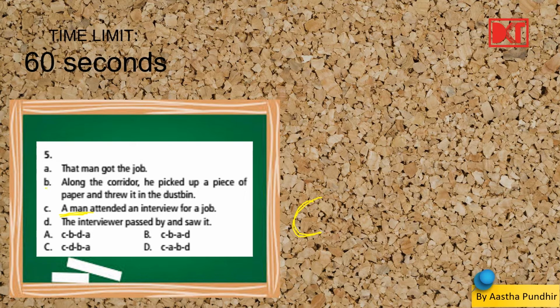What happened? Along the corridor, he picked up a piece of paper and threw it in the dustbin. And what happened to that? D. The interviewer passed by and saw it. Eventually, the climax, that man got the job. C, B, D, A. Correct answer is A.